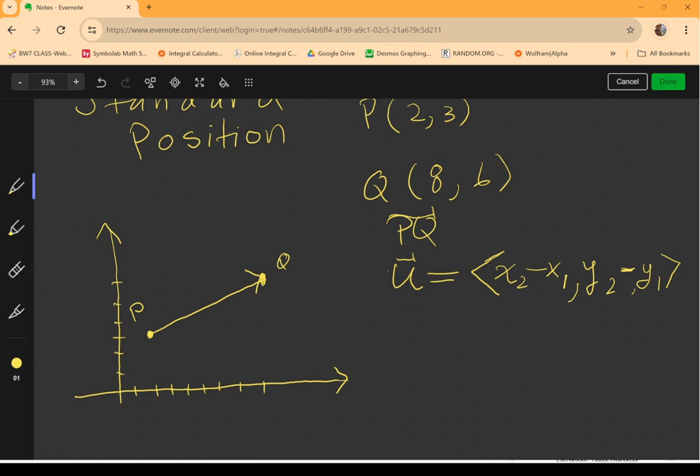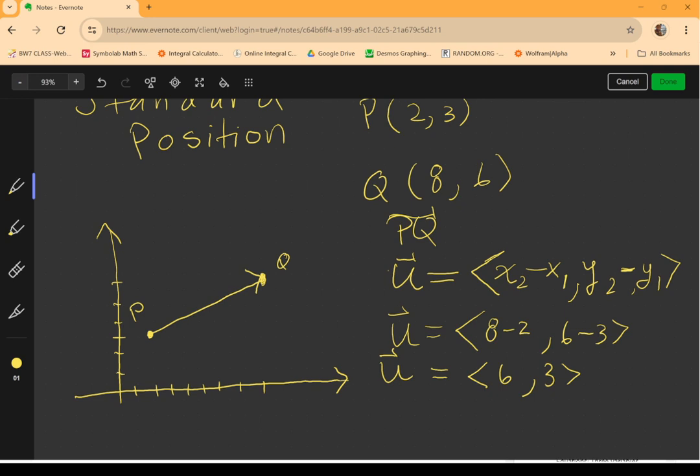All right, so for these particular points P and Q, Q is the terminal point, so our vector u is going to be the vector <8 minus 2, 6 minus 3>, which is <6, 3>. Okay.